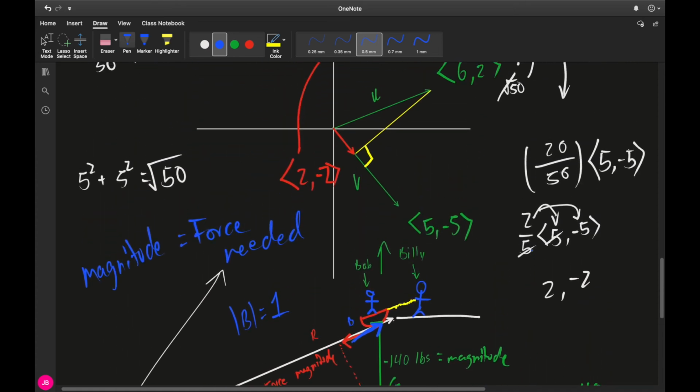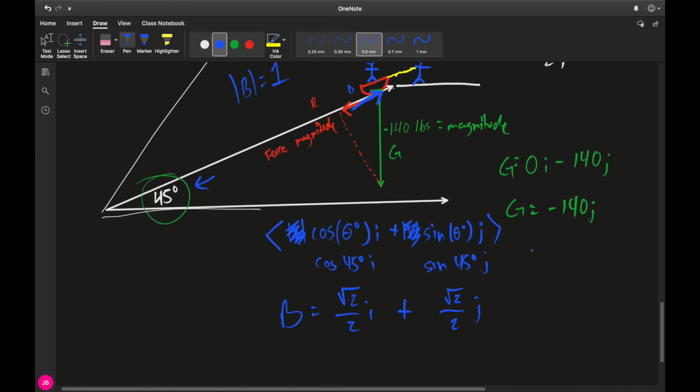We can now use the projection formula for projecting a vector onto another vector to find the magnitude of r. And the way we're going to do that is, I'm going to use the projection formula to project vector g onto vector b. So b and g.